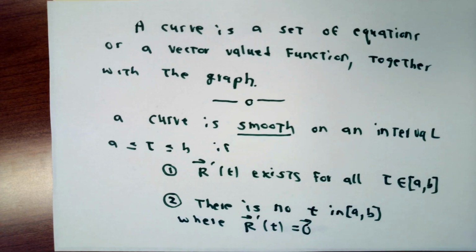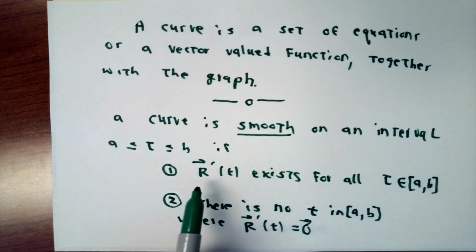A curve, which is a set of equations and a picture, or a vector-valued function and a picture, is smooth on an interval if two things are true. Firstly, for any t you pick in the interval, you can evaluate the derivative. Also, there is no place in the interval where the derivative comes up the zero vector.